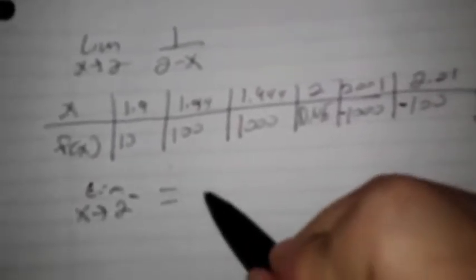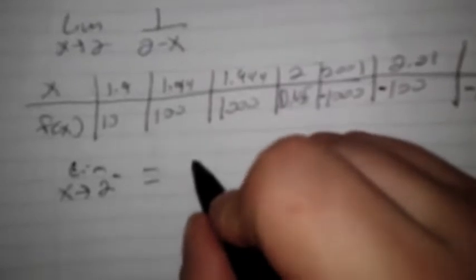Alright? So what I've done is I've cleaned it up, and now we can pay attention to the trend as x approaches 2 from the negative side. We see that it goes toward a really large number, and it doesn't stop. If I were to plug in 1.99999, it would be 10,000, then it would go to 100,000.